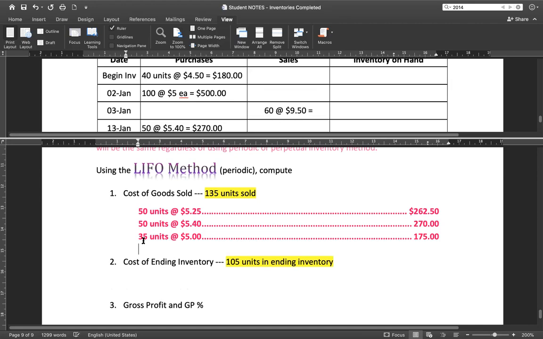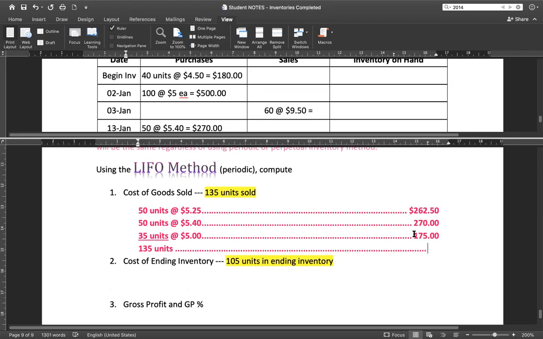Excellent. So now we can compute our total units, and that is 135 units, which matches the number of units that were sold. And then the total cost is going to be the sum of these costs, 262.50, 270, 175, and that will give us 707.50.